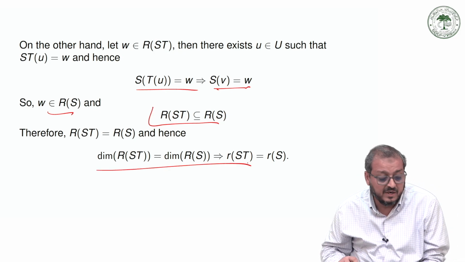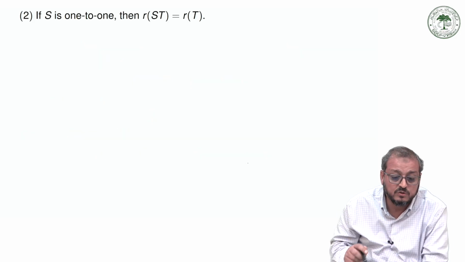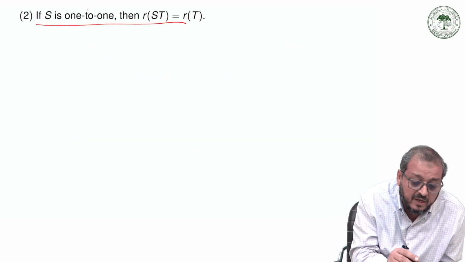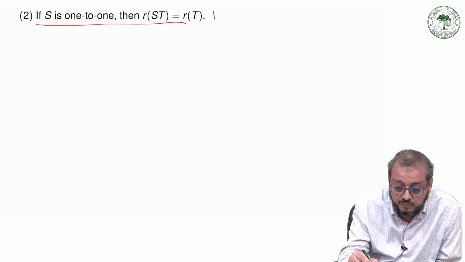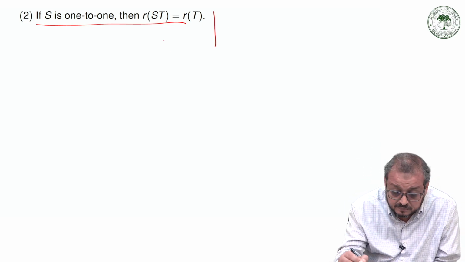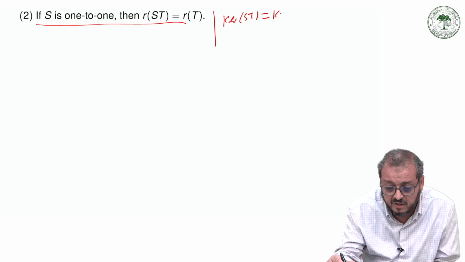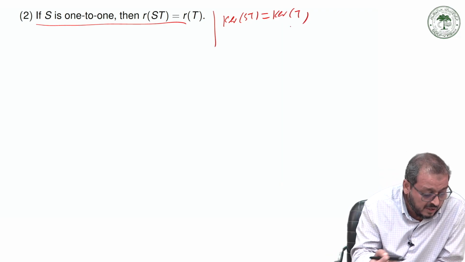Okay, now the next part: we have S is one-one, and we have to show that if S is one-one, then the rank of ST is equal to this. Showing one-one, we try first in two parts. First we show that the kernel of ST is the same as the kernel of T. So we prove this.